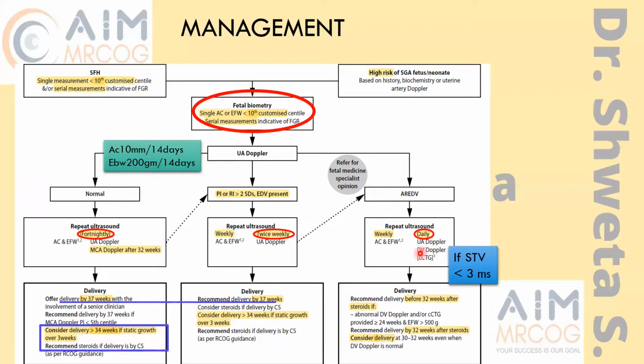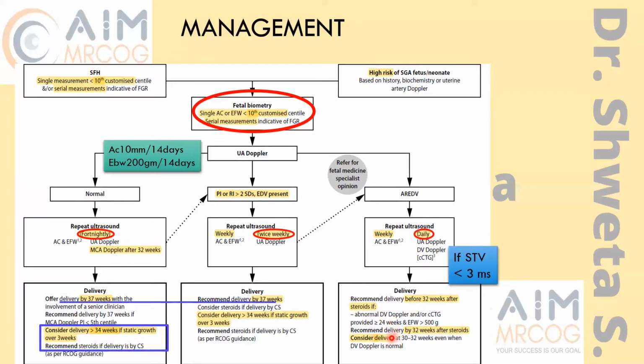So ductus venosus Doppler you are going to do. And in some centers where the ductus venosus Doppler is not available, you can choose computerized CTG. In computerized CTG, if short-term variation is less than 3 milliseconds, then you will deliver the baby. So when will you deliver the baby? Recommend delivery before 32 weeks if abnormal DV Doppler.